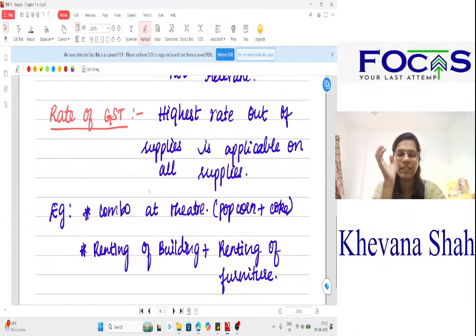Okay, so this is a case of my mixed supplies. Why? Because each of the supplies are not naturally bundled in the ordinary course of business. Now for the rate of GST, I need to check the rate of renting of building, the rate of renting of furniture, and whichever is the highest rate, that I shall be applying on the combined invoice value of both of these services. Okay.